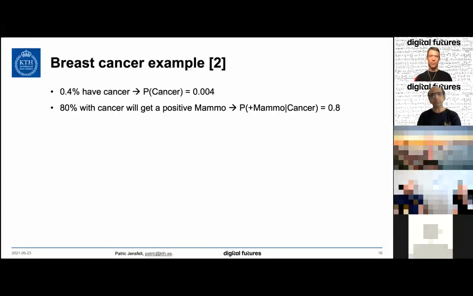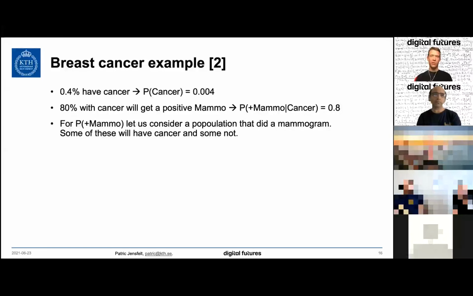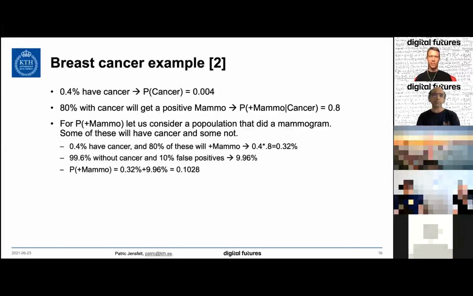If we want to calculate the prior for the unconditional probability of having a positive mammogram, we have to do a bit more work. So let's consider a population that did the mammogram. So all of the people we look at now have done a mammogram. Some of those will have cancer and some will not have cancer. So we know that 0.4% have cancer and 80% of those will get a positive mammogram. So that would contribute 80% of 0.4%, so 0.32%.